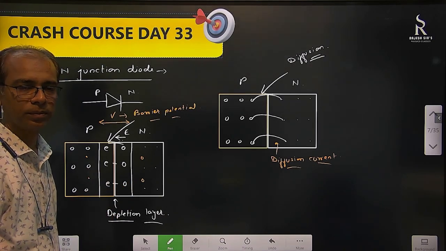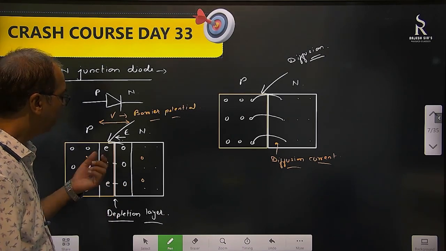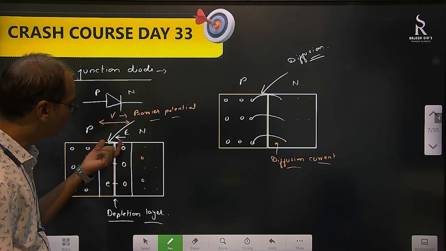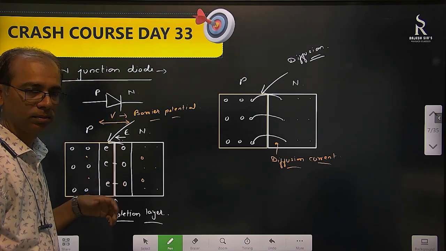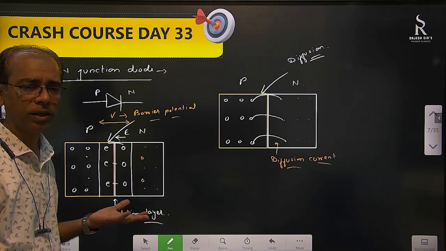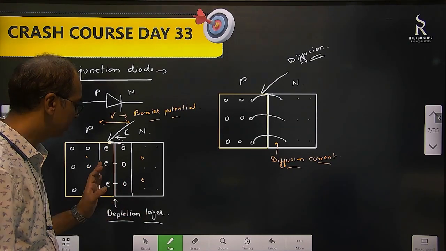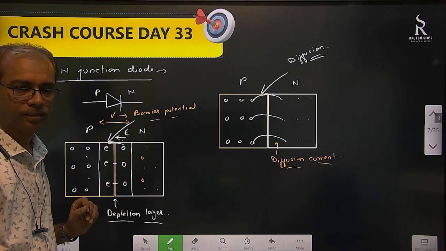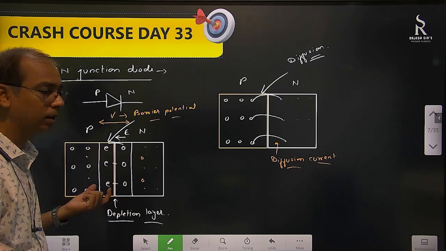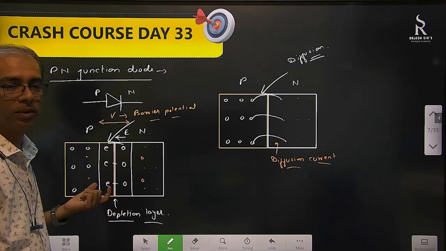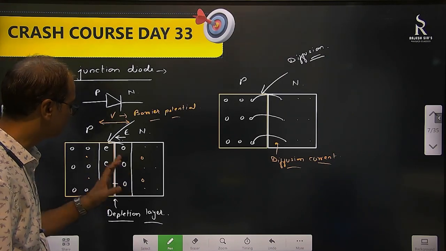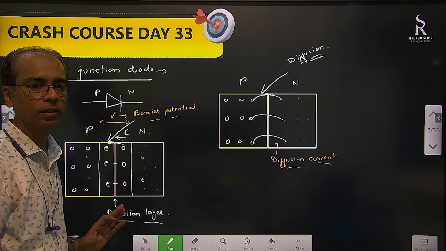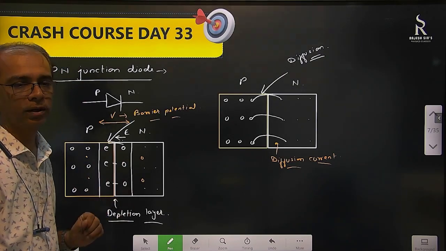Correct? Clear? And suppose any covalent bond here breaks, and an electron and hole become free, then what happens? The electron will start moving this side because electrons are on the P side, so they are considered minority charge carriers. They will also move this side. So because of the motion of minority charge carriers, we are going to get a drift current.